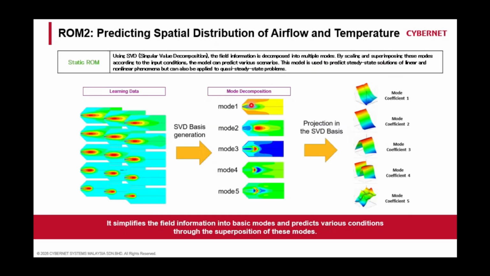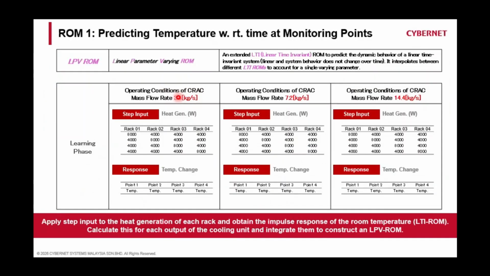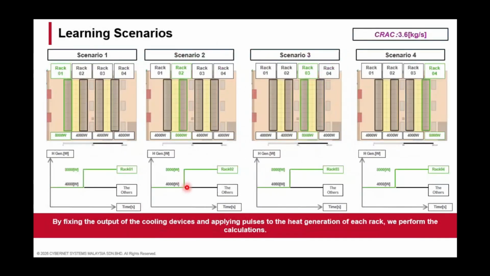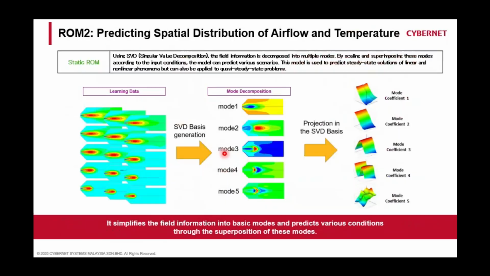Of course, that is on the transient side, where you need to simulate the dynamic changes across time. But we also need a static ROM, which we can think of as a steady state.